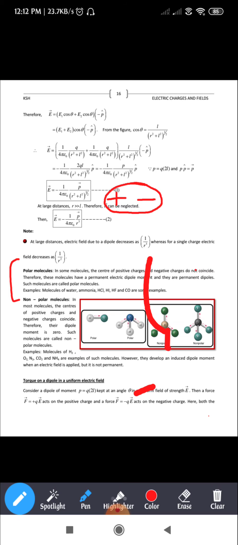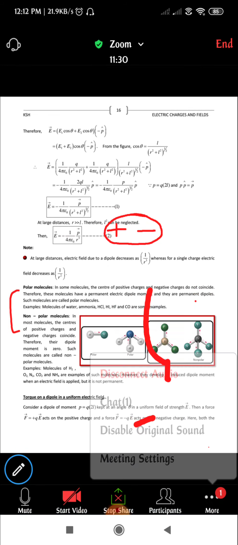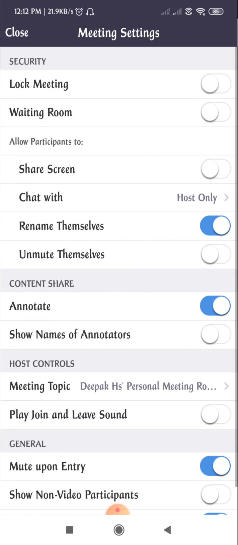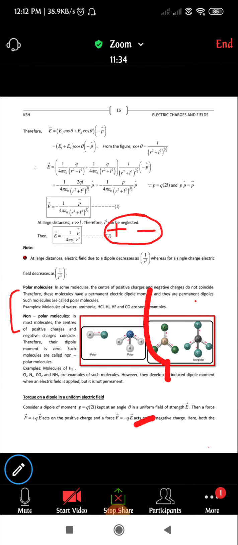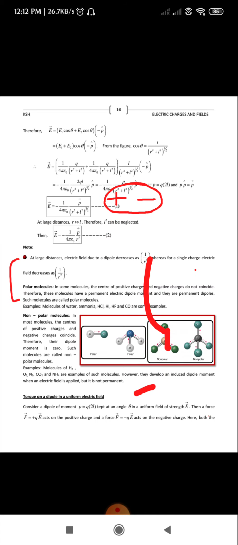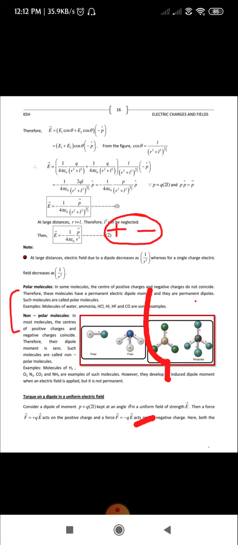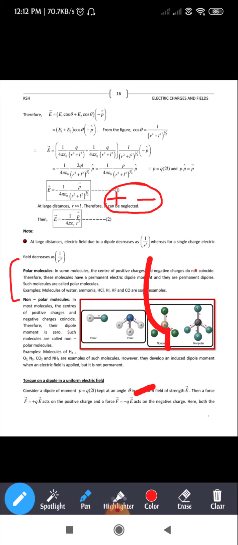When positive and negative charges are separated by a small distance, we call that an electric dipole. Hence polar molecules have permanent dipoles. They have a permanent electric dipole.